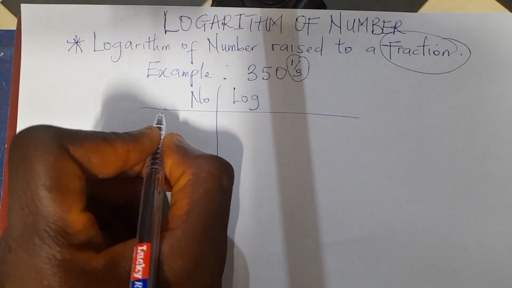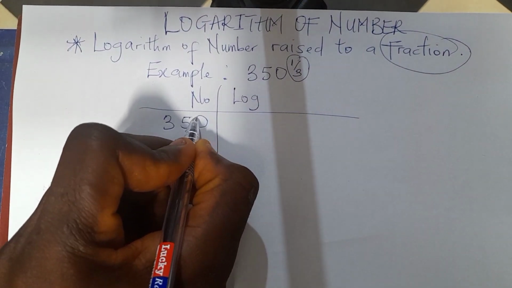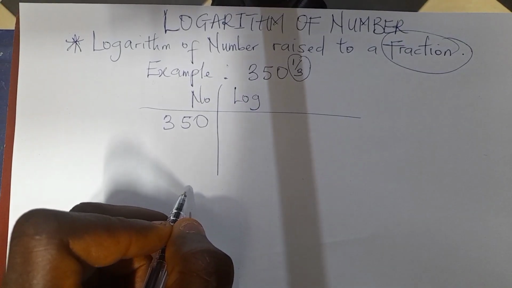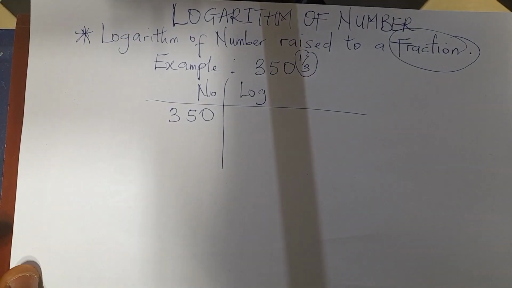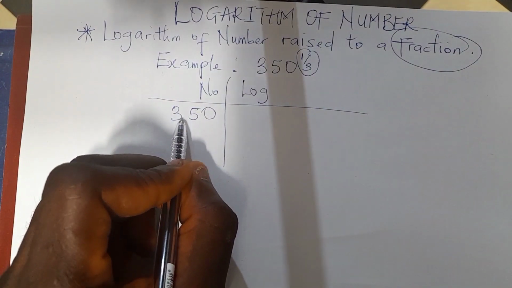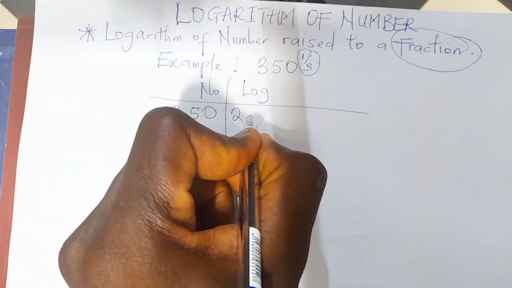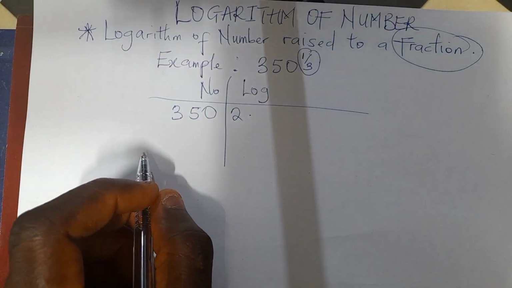Now we have 350. Okay? First thing you need to do is to look for the integer. What would the integer be? Now how many values are here? We have 1, 2, 3. Therefore the integer will be 2 points. Remember what I told you?